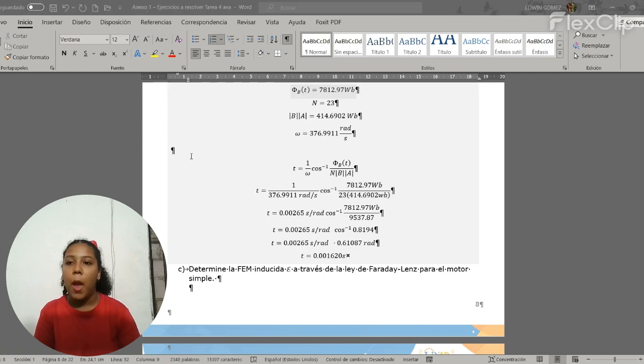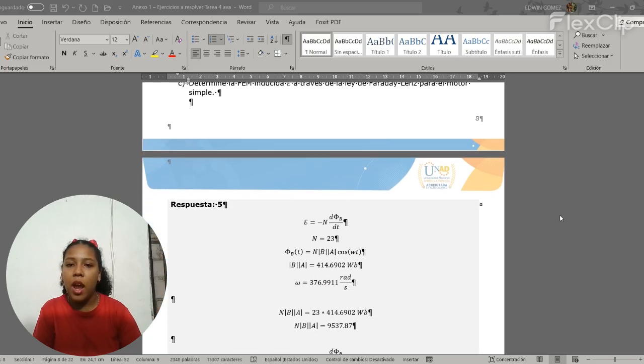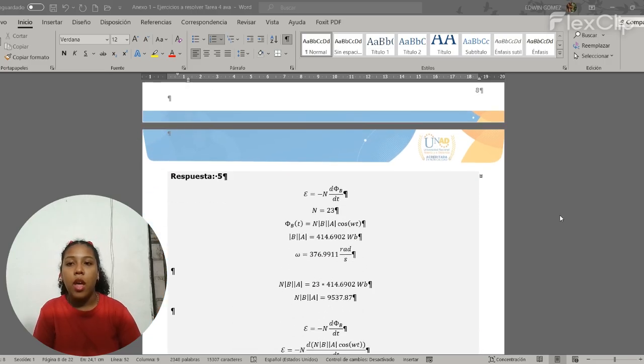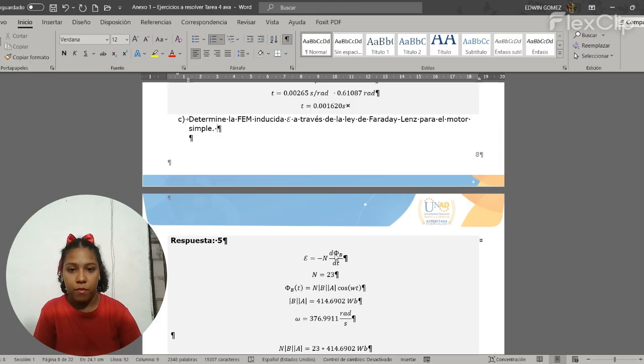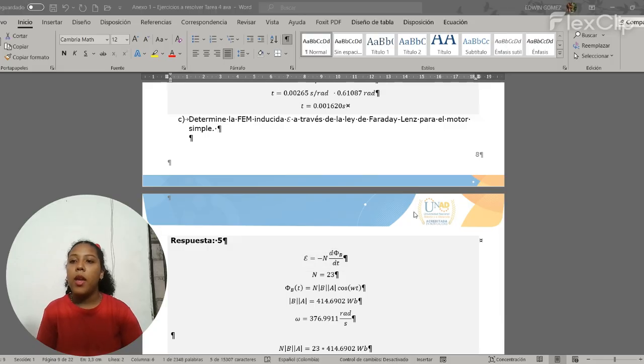Induced EMF using Faraday-Lenz's law. To determine the electromotive force, the time-dependent flux expression is differentiated. We apply Faraday-Lenz's law.